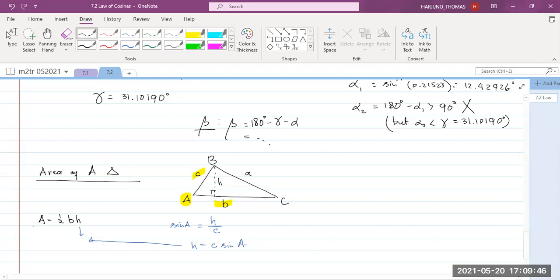So the area is equal to 1/2 B times C sine A. That's the area of a triangle: the product of two sides times the sine of the included angle, divided by 2.